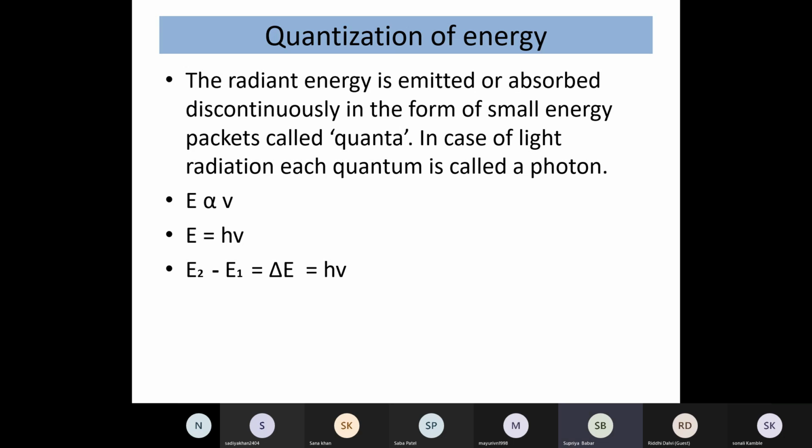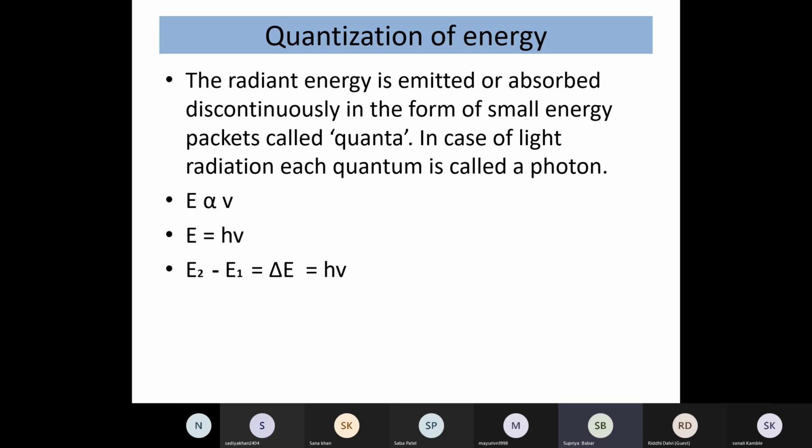Now ν̄ is the wave number. It is defined as the number of waves per centimeter in vacuum, and it is the reciprocal of the wavelength. We write it as ν with a horizontal line above it. That is the wave number.